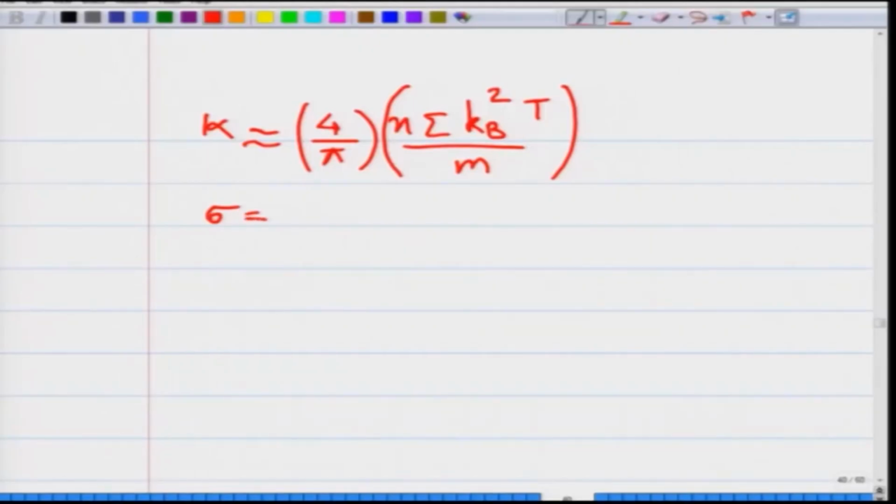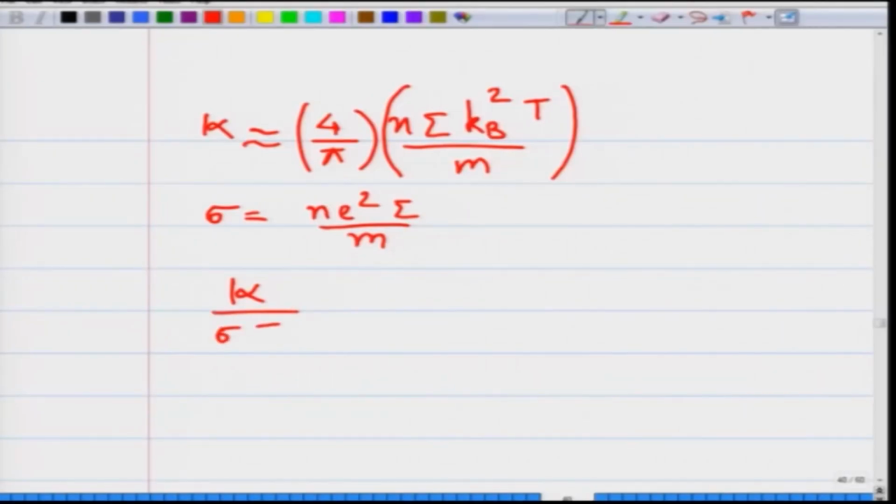And if you recall, Drude's theory has an expression for the electrical conductivity, which is N e square tau divided by m, and are the two in some way connected? They have to be connected because both of them basically have the electrons as the charge carriers or the momentum carriers. It is the electron which is transporting charge, and it is the electron also which is transporting momentum.